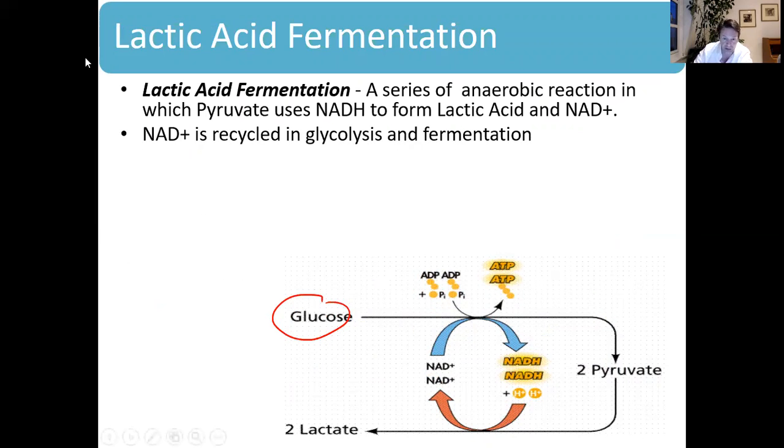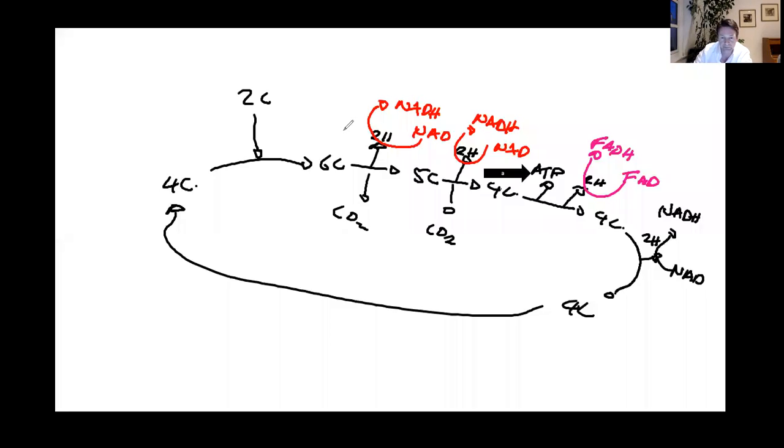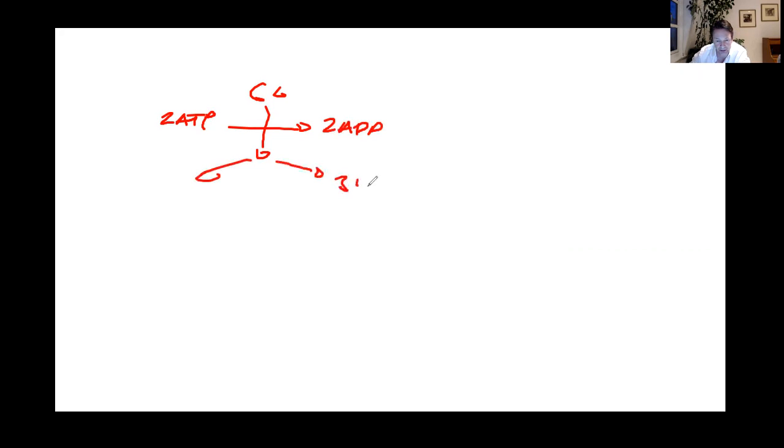So let's just talk about that with the whiteboard. So remember, you've got glucose, you phosphorylate it with the 2 ATPs to produce the 2 ADPs. That then splits. We've got 2 molecules of triose phosphate.